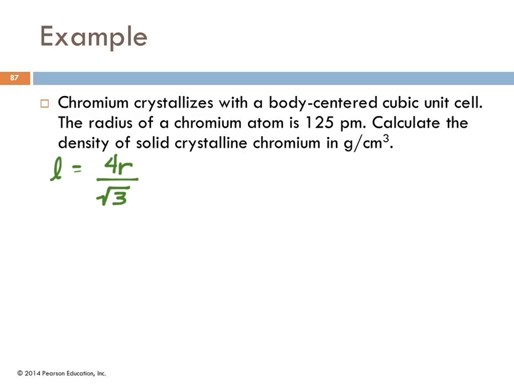How many atoms are in it? 2, right? Body-centered cubic had that 1 in the middle and the 8 pieces around the edge. So we have 2 atoms per cube.